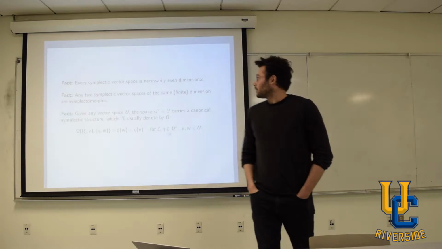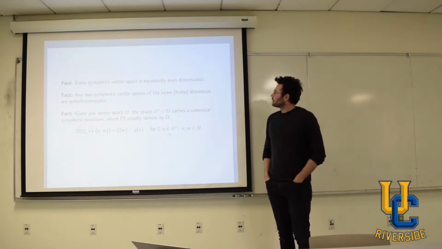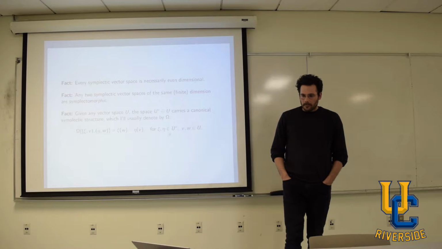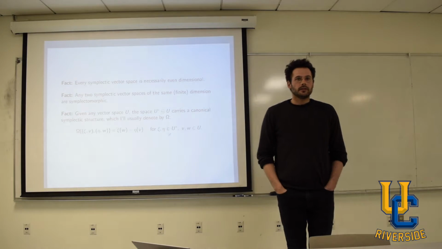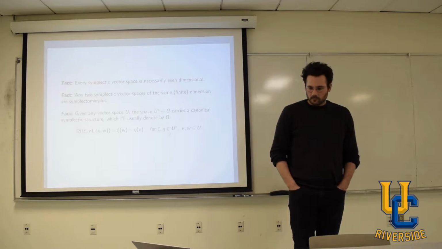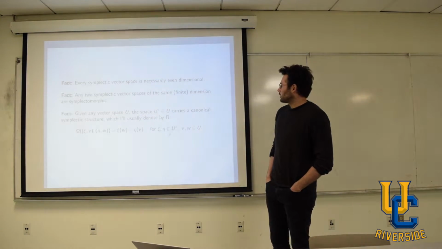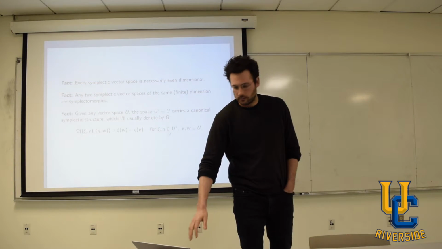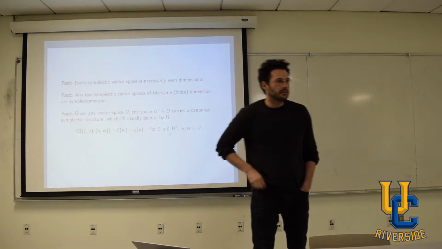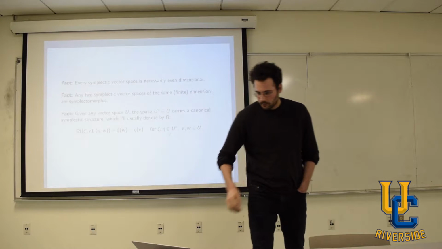So I listed a couple of facts just to give you a sense of how these spaces behave. Every symplectic vector space has to be even dimensional. And any two symplectic vector spaces of the same dimension will be symplectomorphic. So in one sense, they all look the same in the same dimension.